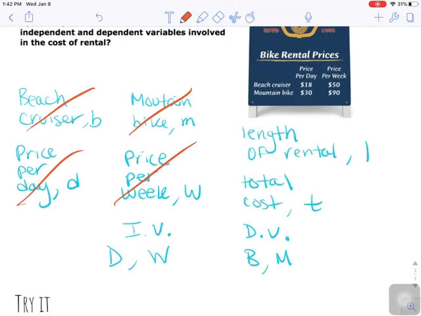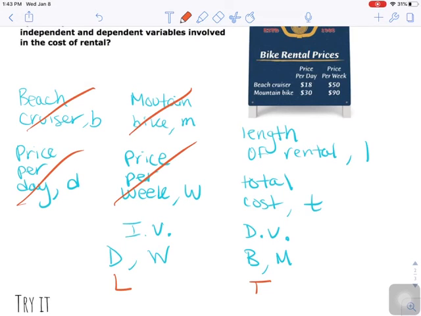The last one we have is the length of the rental and the total cost. So we had to ask ourselves, does total cost depend on how long you ride the bike, or does how long you ride the bike depend on the cost? And so total cost here is going to end up being our dependent variable because it depends on how long you ride the bike for.